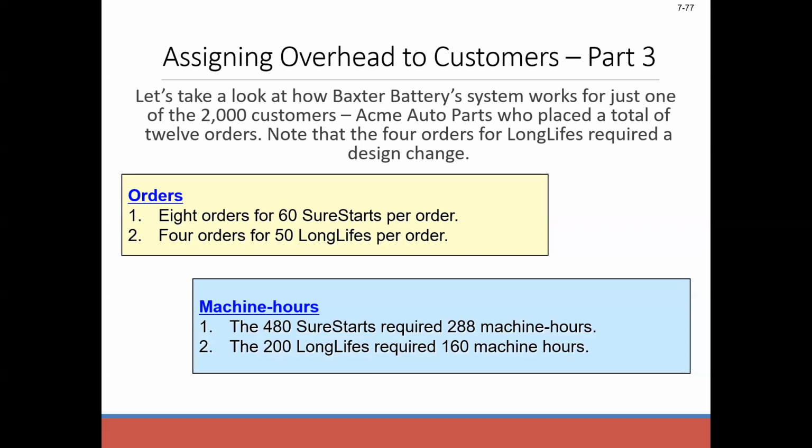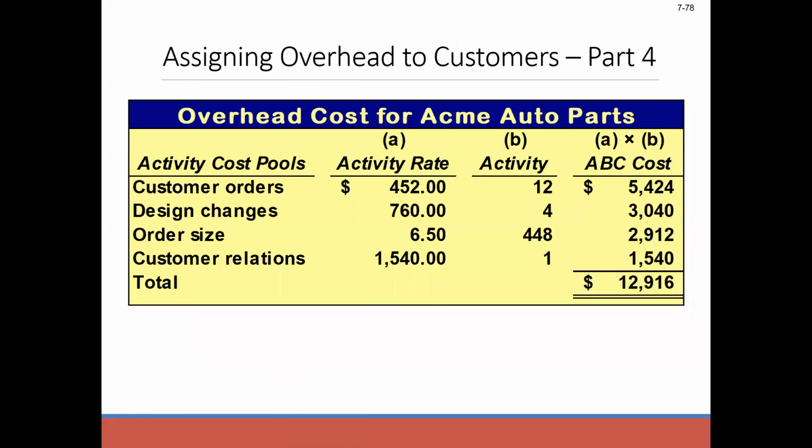The sure starts are 480 sure starts required at 288 machine hours because of 8 orders at 60. The long lives, we have 200 long lives required at 160 machine hours.